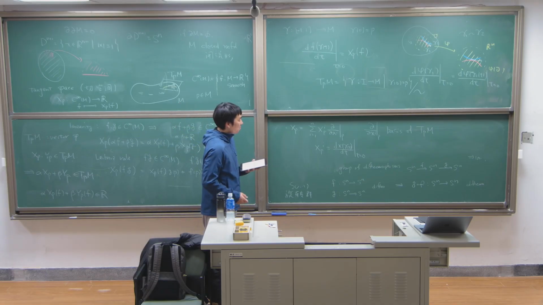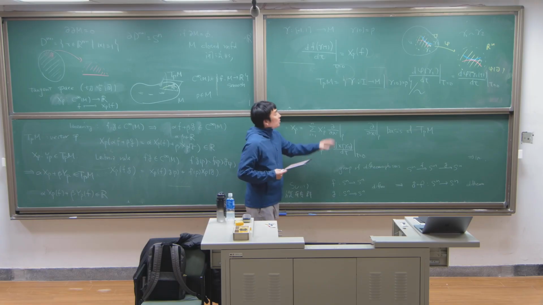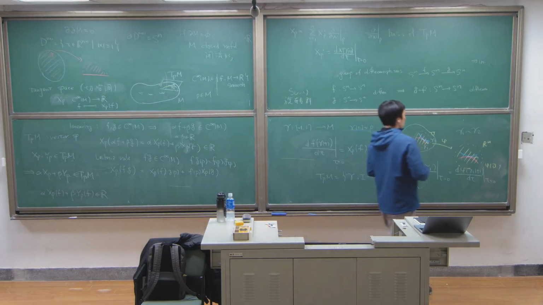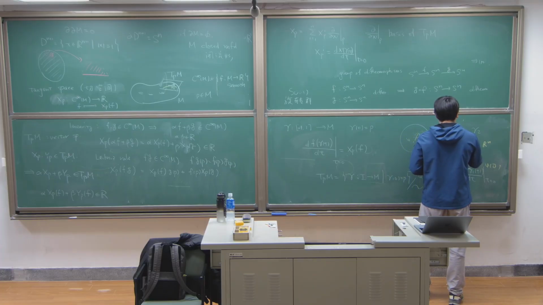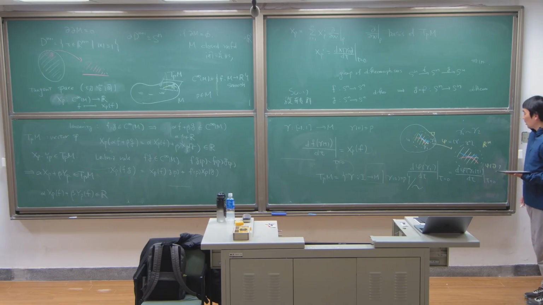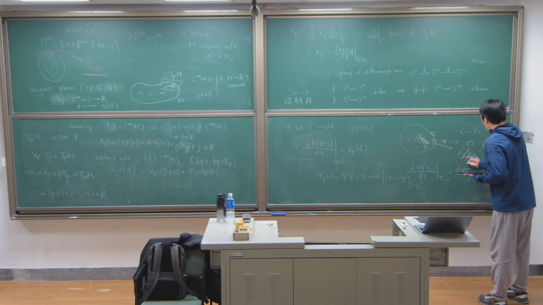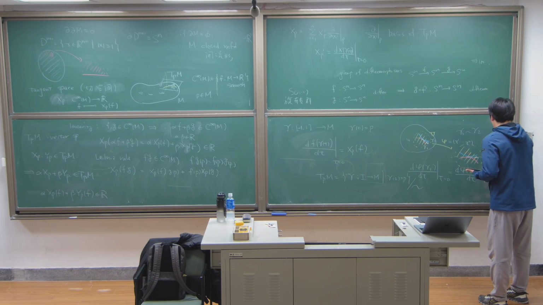So what does this mean? This phi can be understood as a local chart, as I mentioned. At each open patch, you can have a local coordinate like this: X1, X2, Xn.